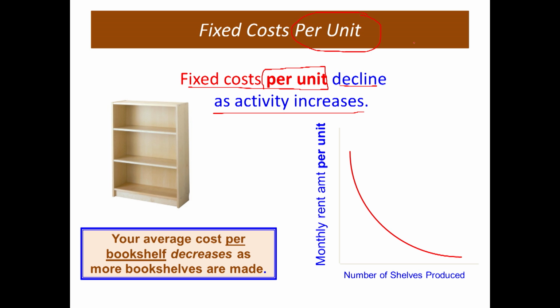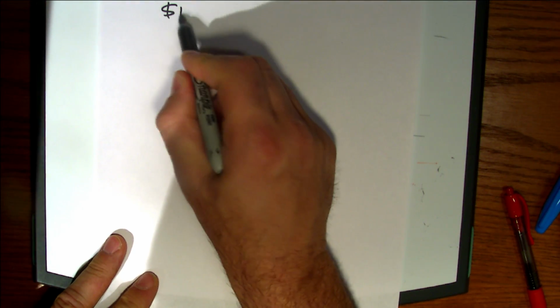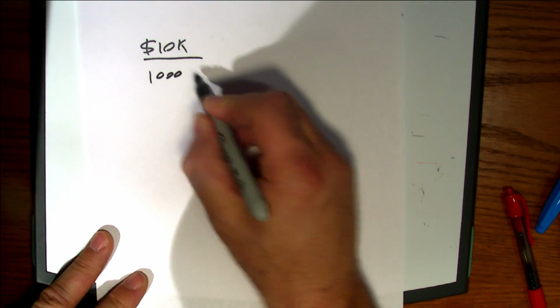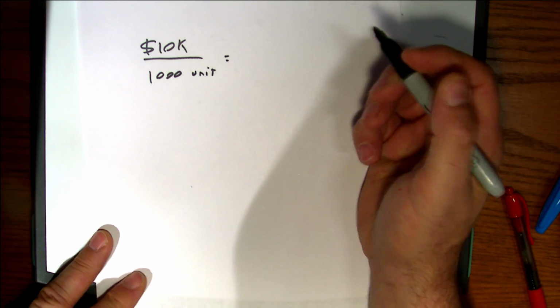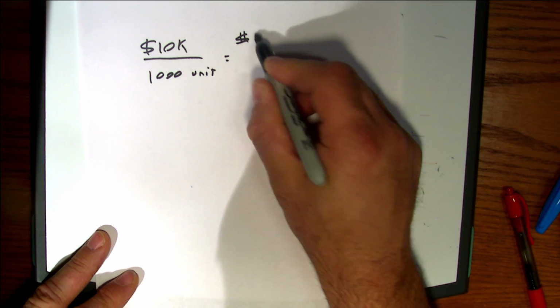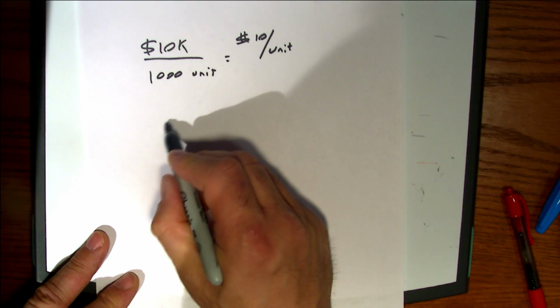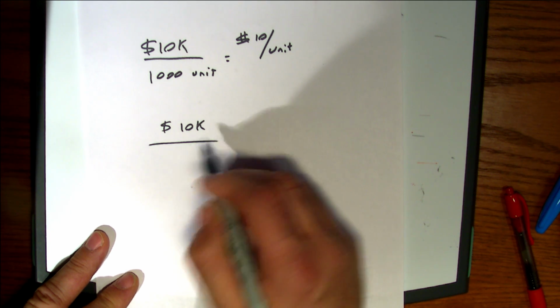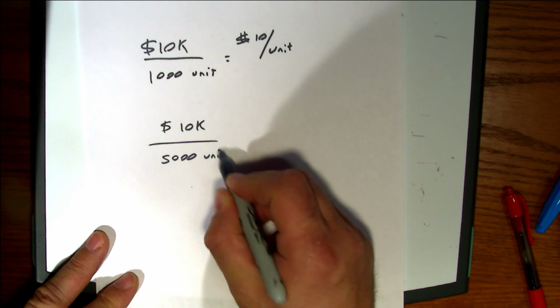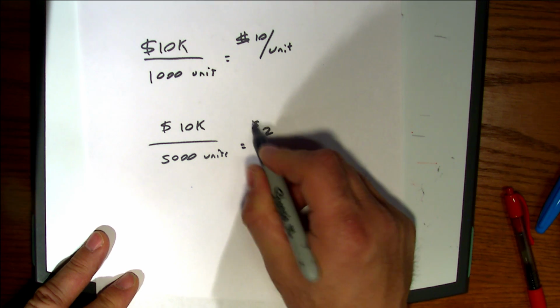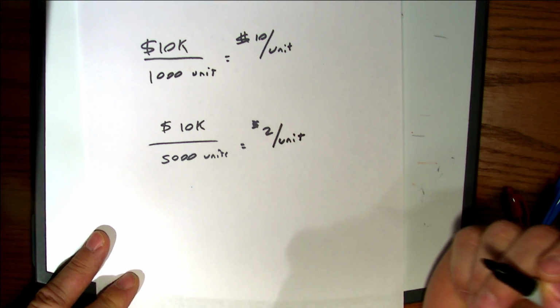Okay? For example, let me go over to the Elmo real quick. Okay? What did I say our monthly rent was? $10,000, right? Well, if we make 1,000 bookshelves, then we could say, well, rent is $10 per unit on a fixed basis, correct? Now, if we made 5,000 units, it's now down to $2 per unit, correct?